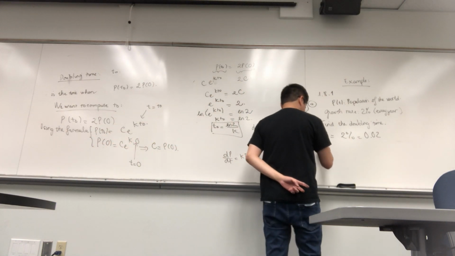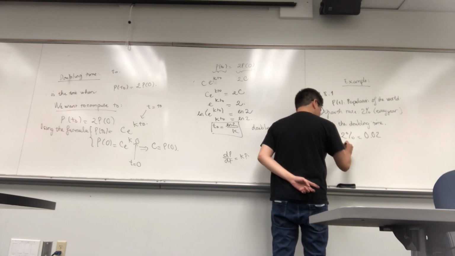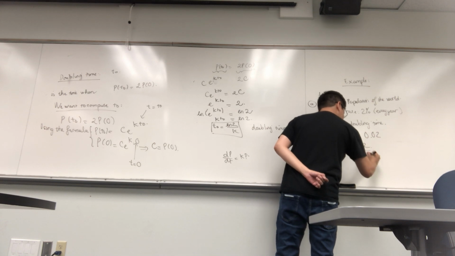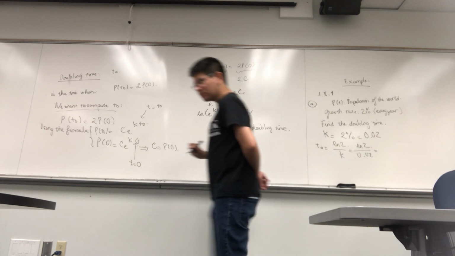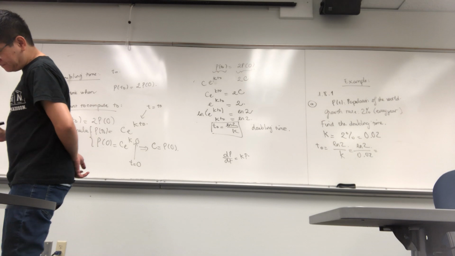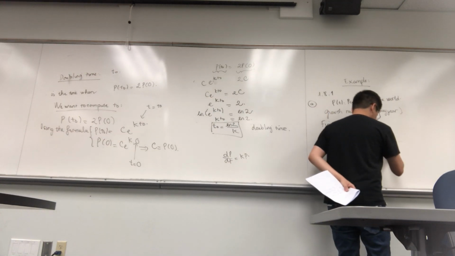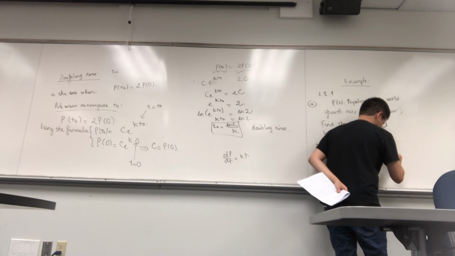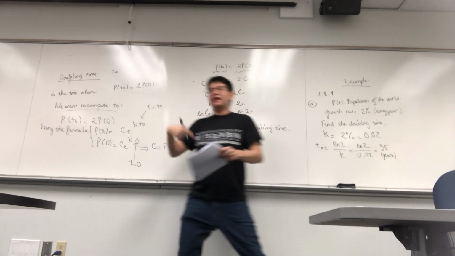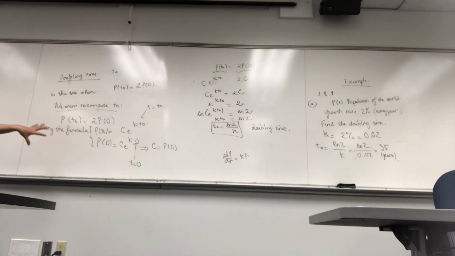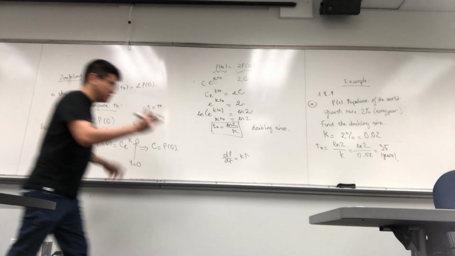So the doubling time will be t0 is log 2 divided by k, and this is log 2 divided by 0.02, and this is 35. So every 35 years, the population of the Earth is double. This is a lot, right? Questions? It's clear?